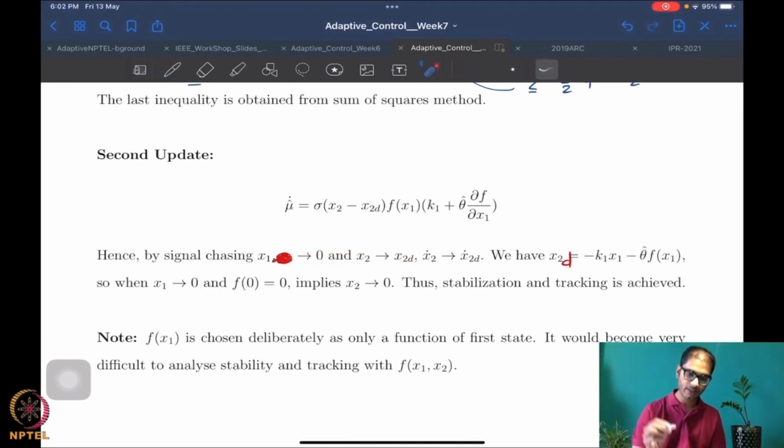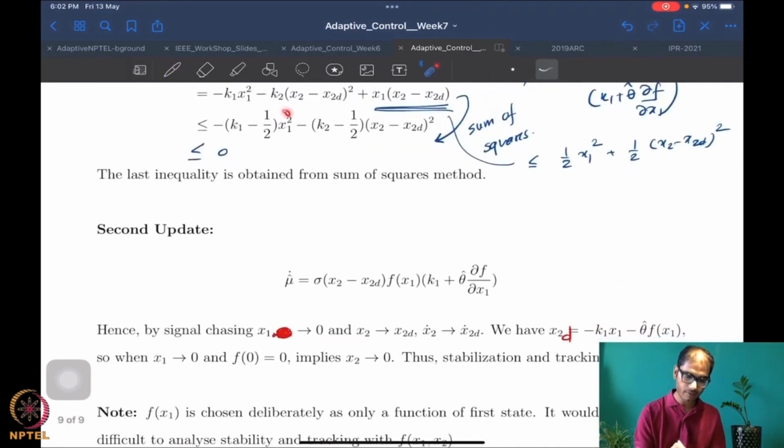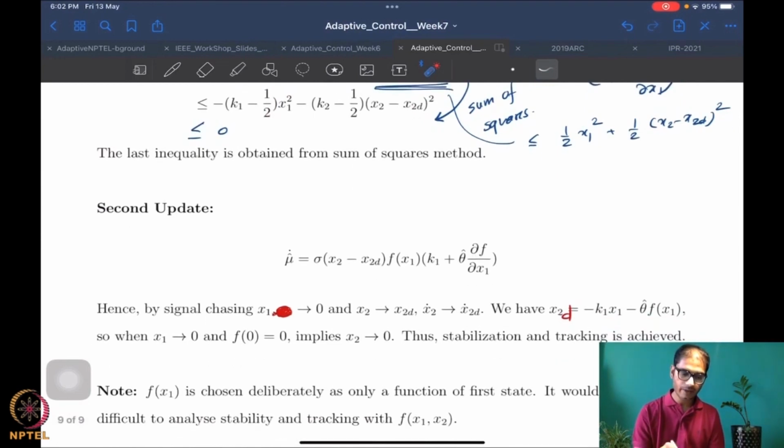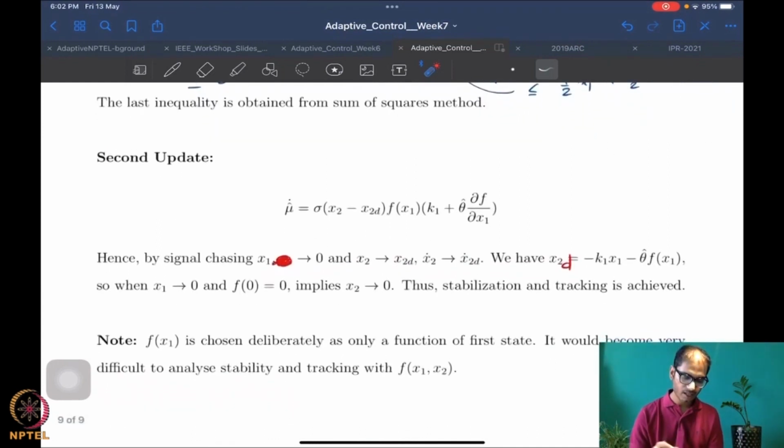Right, so we already have x1 going to 0 directly from here by using signal chasing and Barbalat's lemma, and we have x2 going to x2 desired, and the derivatives also converge. This is standard, right? So you have x1 going to 0, and we also have x2 going to x2 desired.